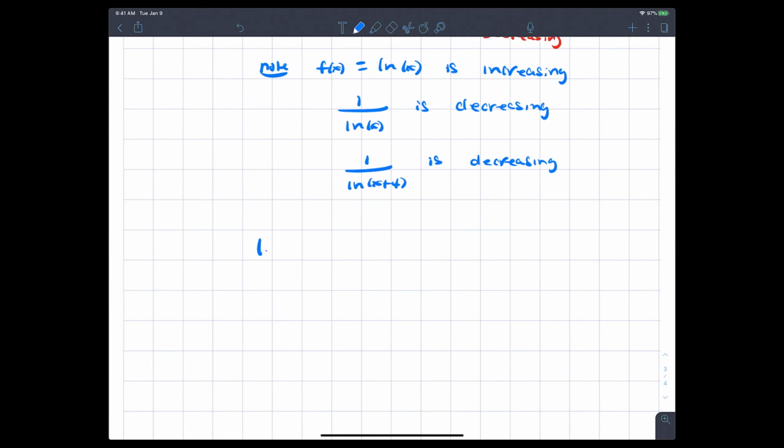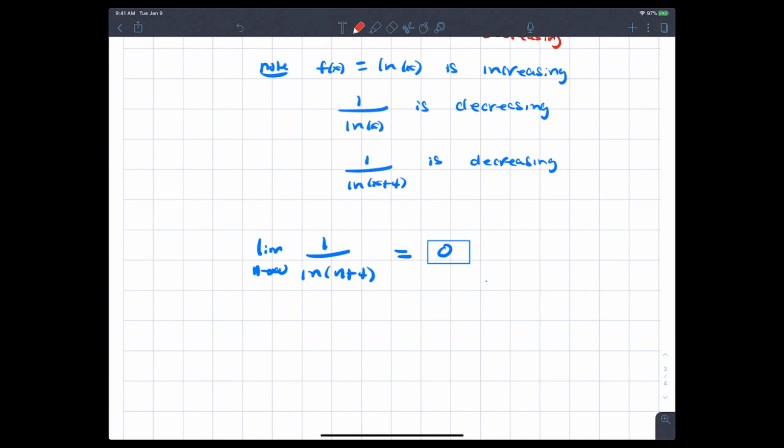So the second thing we check, what's the limit of 1 over the natural log of n plus 4? Well, that's the same argument. It's decreasing to 0, because the denominator gets big without bound, right?